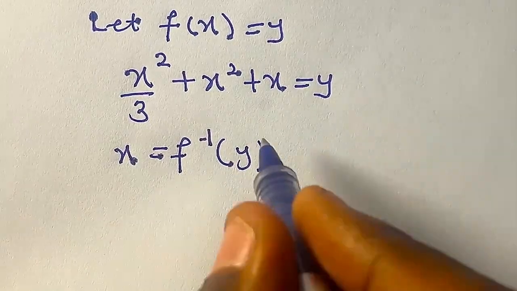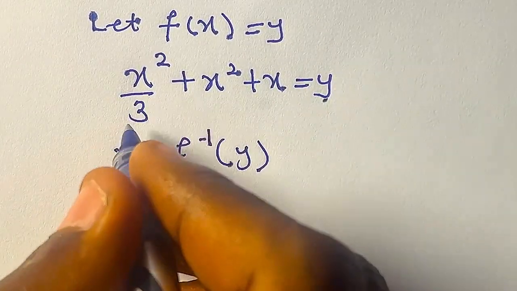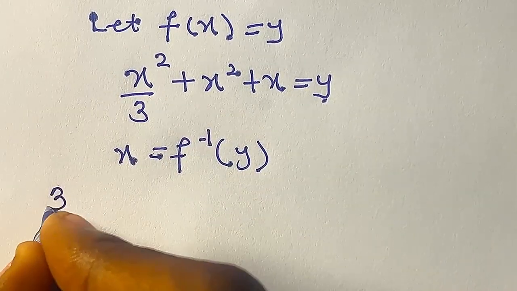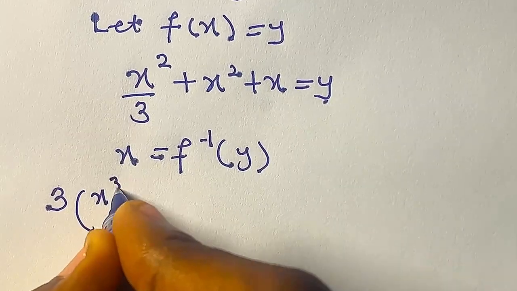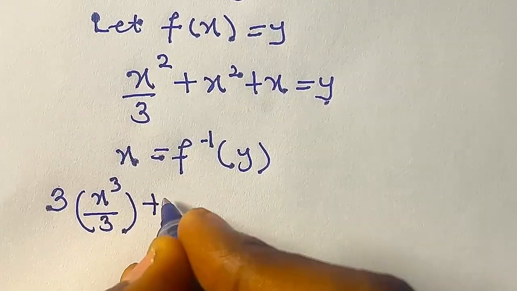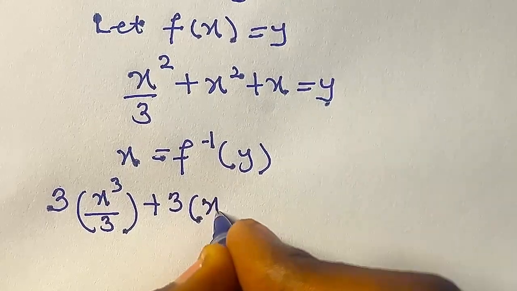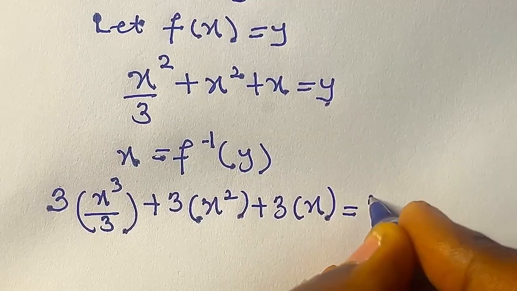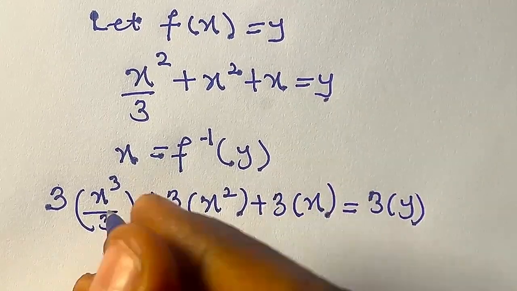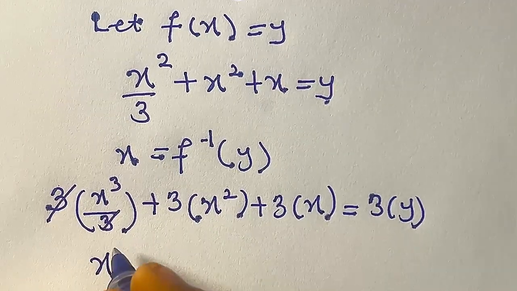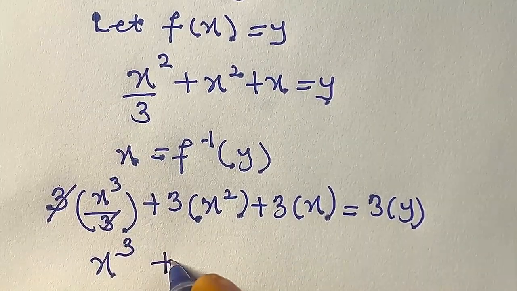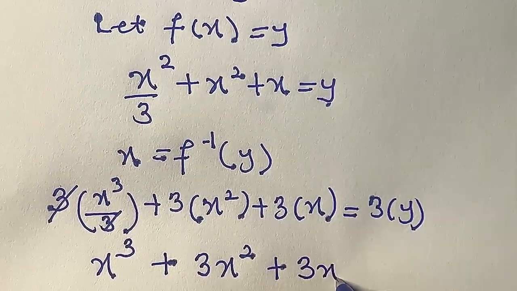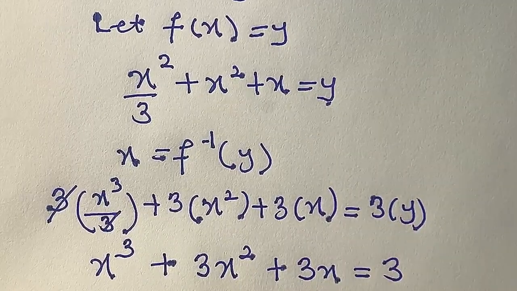Now if we multiply throughout by 3, we have 3x cubed divided by 3 plus 3x squared plus 3x equals 3y. The 3s cancel out, so we have x cubed plus 3x squared plus 3x equals 3y.